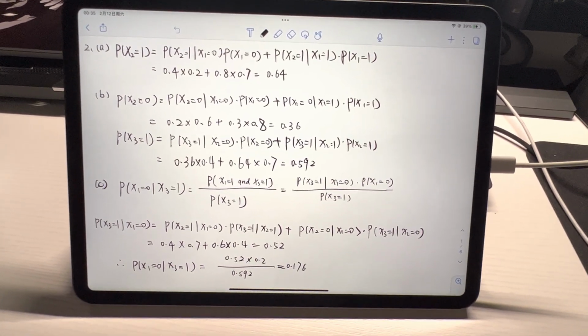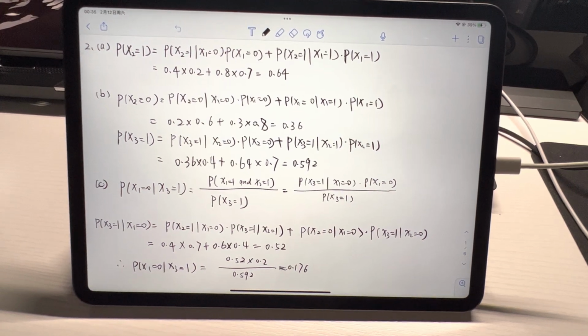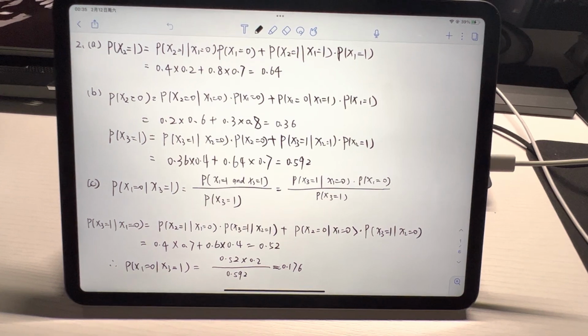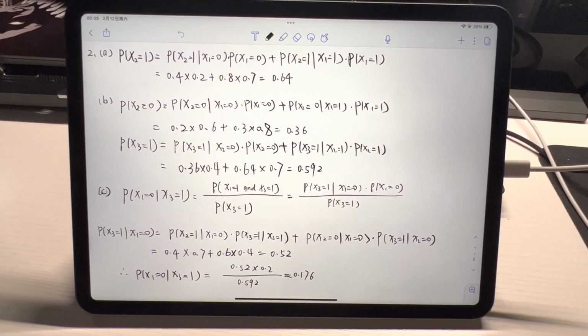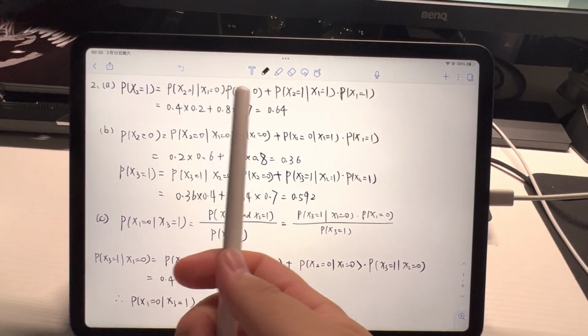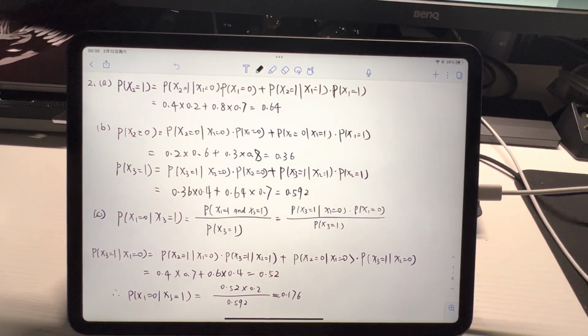For the first question, it asks us to find the probability of X2 = 1. From the formula of total probability, we could use this formula to solve this question.